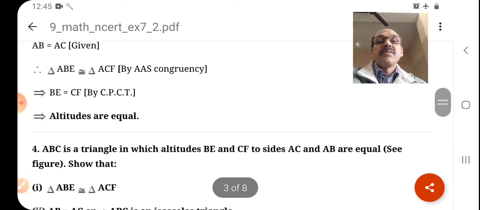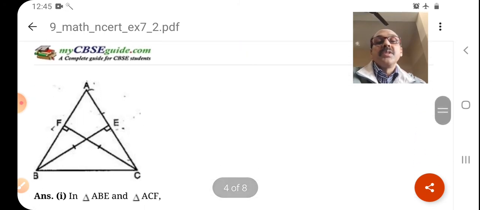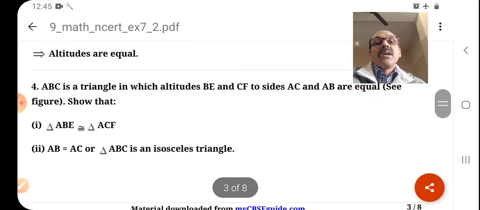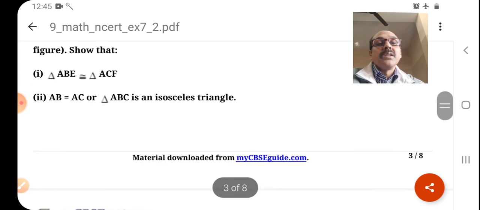So BE and CF, these two altitudes are equal, it is given.